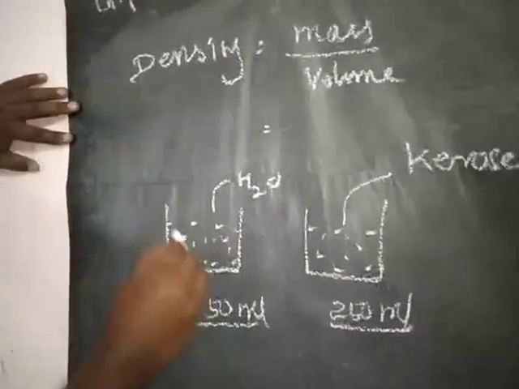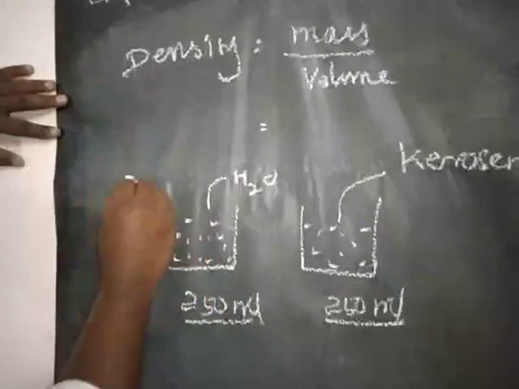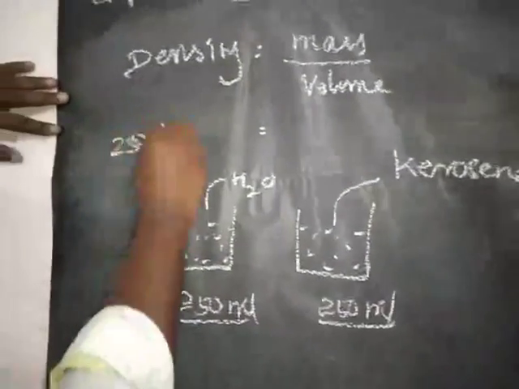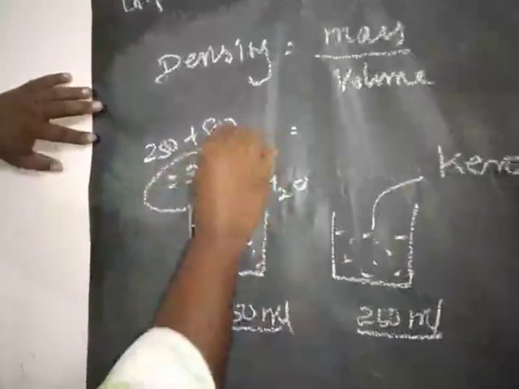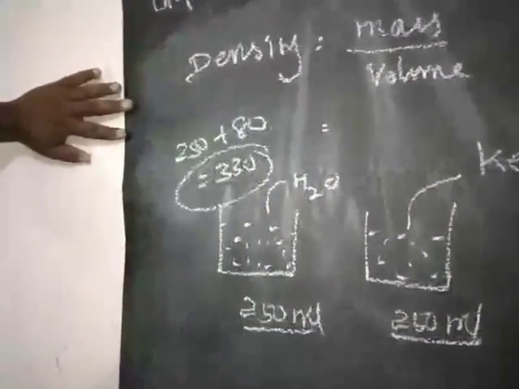So what is the weight of water? 250 plus 80 is equal to 330. So the empty weight is equal to 80.